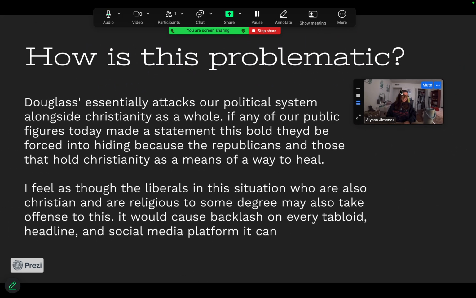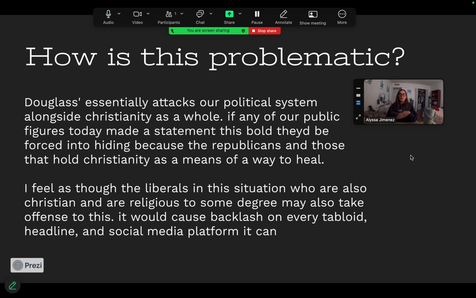But why is this problematic? Well, Douglass essentially attacks our political system alongside Christianity, the religion as a whole. If any of our public figures today made a statement this bold, they would probably be forced into hiding, because the Republicans and those that hold Christianity as a means of way to heal, I say that because I use Christianity in that sense, whereas other Republicans see it as a way to justify their actions.